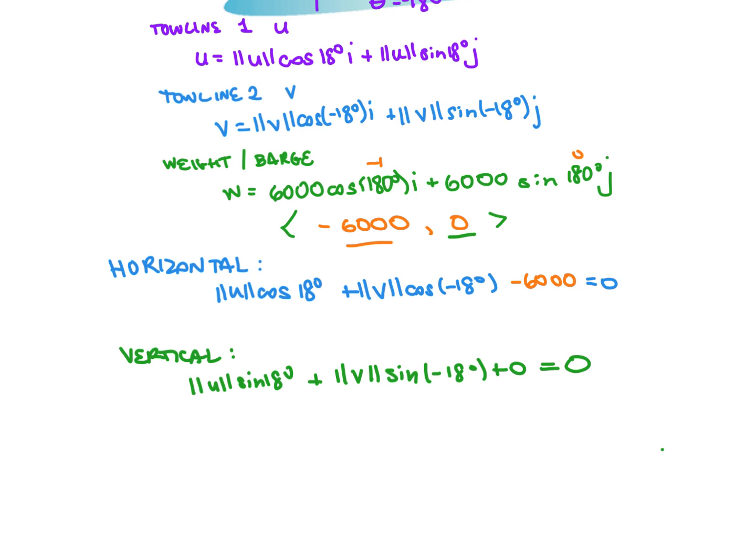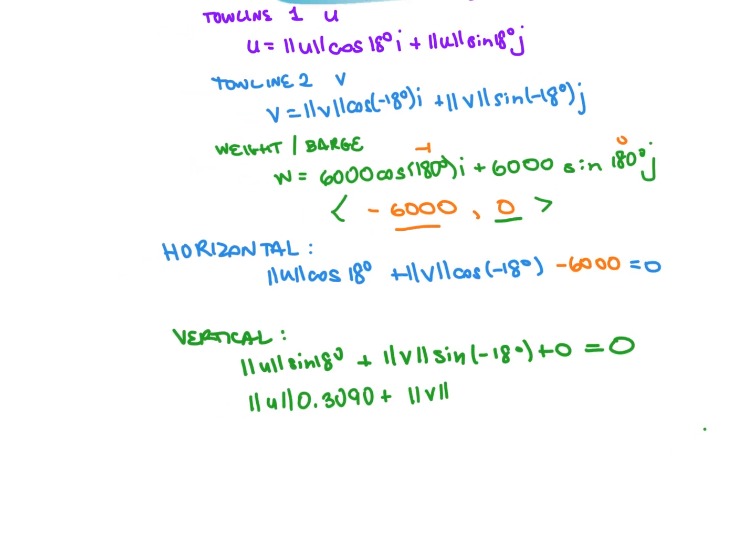The magnitude of u, if you plug sine of 18 degrees into your calculator, you get 0.3090, plus the magnitude of v. You would get the same exact answer, except that it would be negative. Sine is positive in quadrant 1 and quadrant 2, but for the same angle negative, it's negative. So we would get negative 0.3090. I just distributed that negative to the front, and this equals 0.